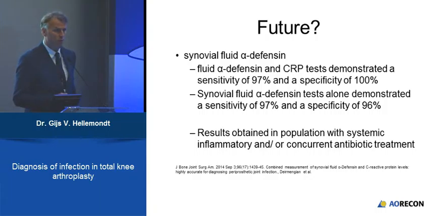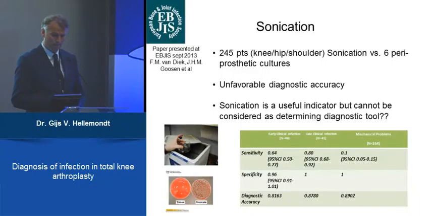There are some biomarkers which are discussed now. Currently, there is a paper on the synovial fluid alpha defensin, which probably together with the CRP test demonstrates a very high sensitivity and specificity. We don't have experience in our hospital with it, but probably the biomarker issue will be something to look at in the future. Sonication is a process where you send the whole prosthesis out and look whether there's a low-grade infection.